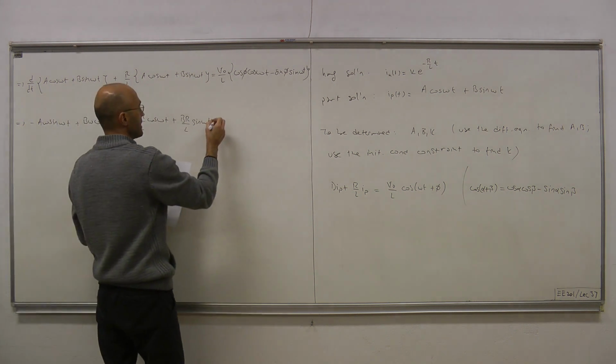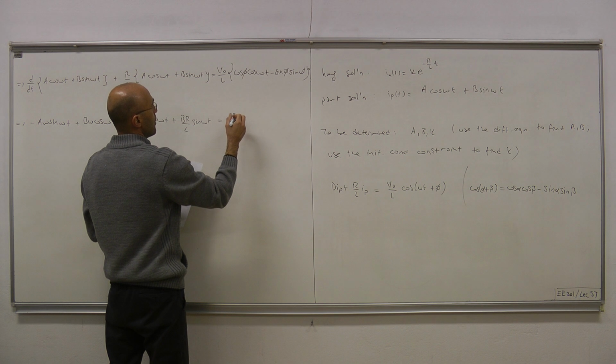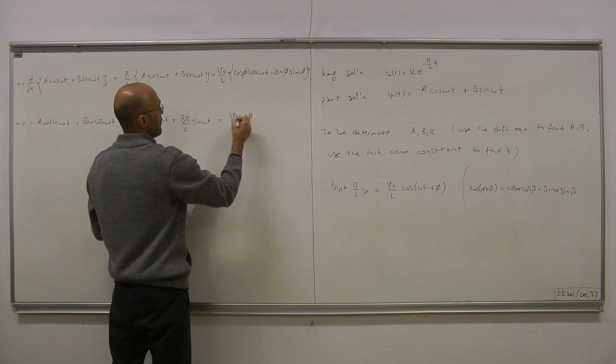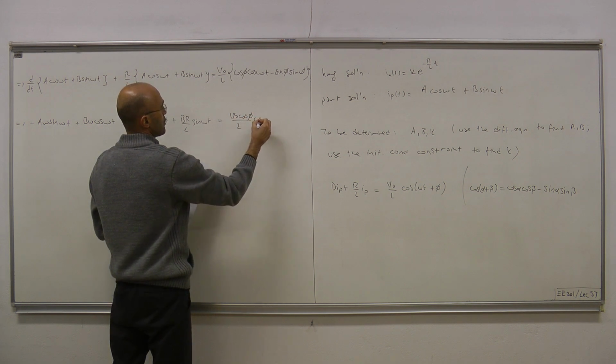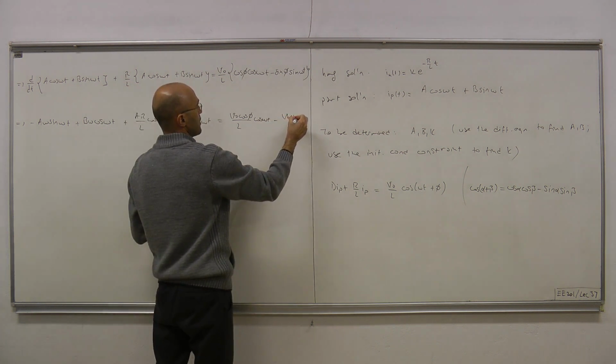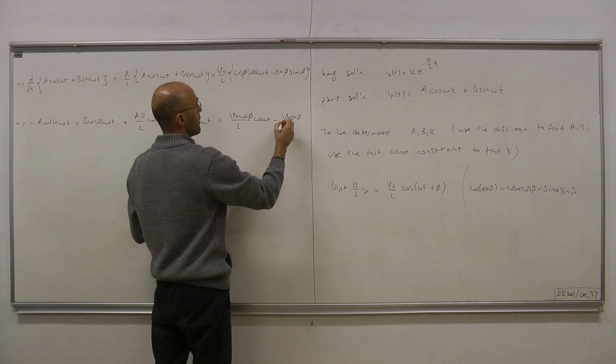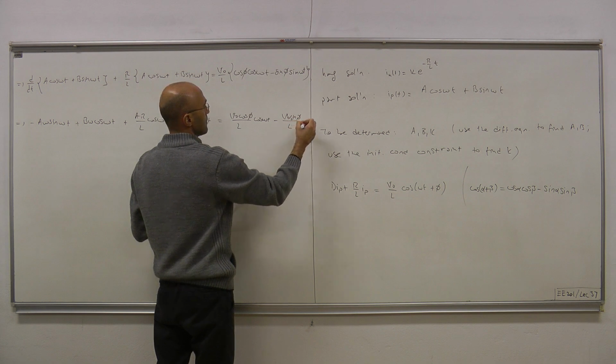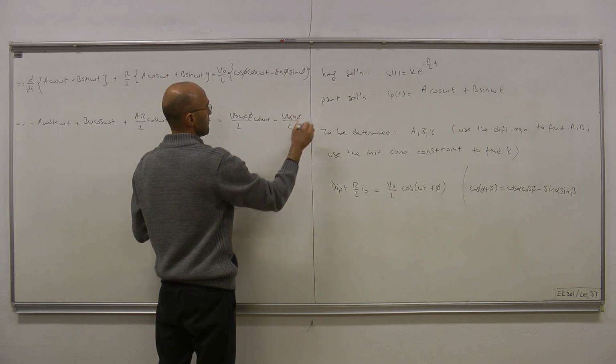And that equals omega 0 cosine phi over L cosine omega t minus omega 0 sine phi over L times sine omega t.